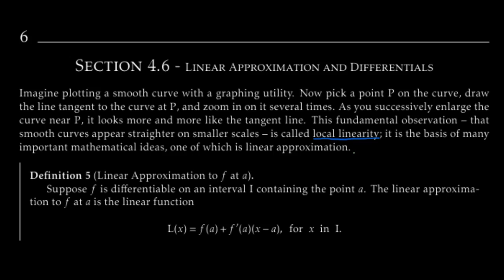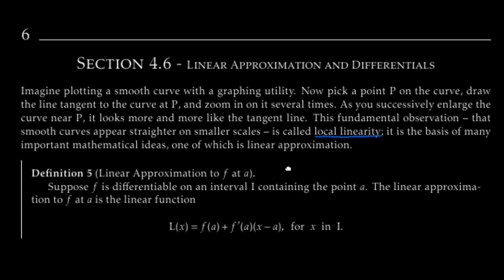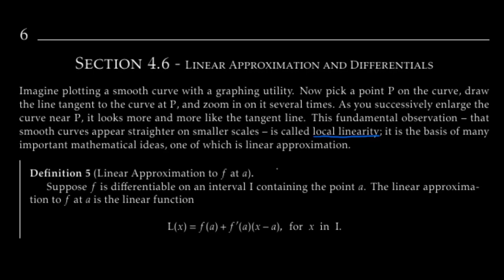One of the most useful ones is linear approximation. That is, just using the equation of the tangent line at a point, you can approximate the value of the function quite well near that point. In fact, you can approximate it to arbitrary precision if you're close enough.